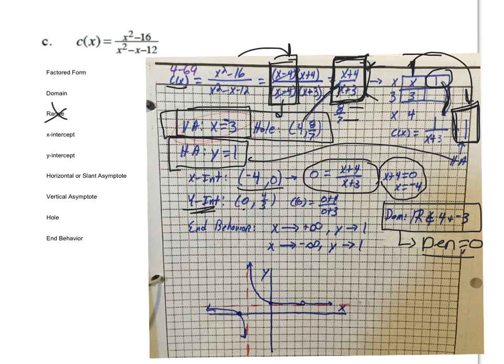So I'm going to put 0 in for x, and my output becomes 4/3. End behavior is your horizontal asymptote. So as x goes to positive infinity, and as x goes to negative infinity, this graph is going to approach the horizontal asymptote of y equaling 1.